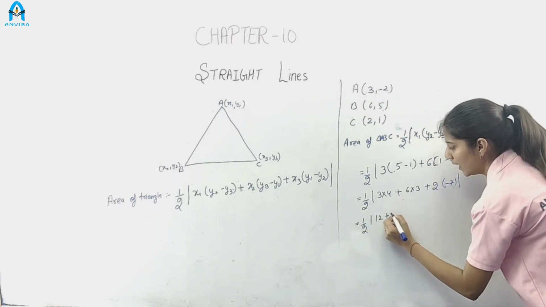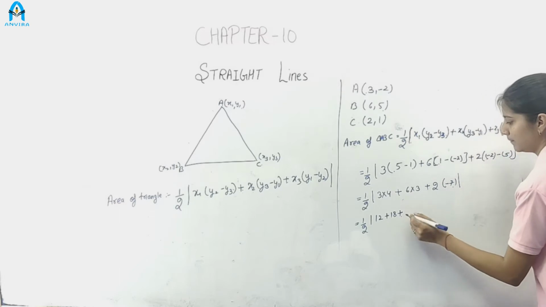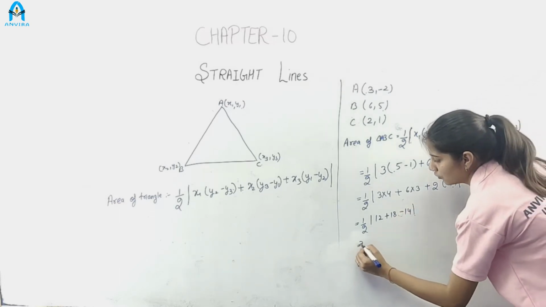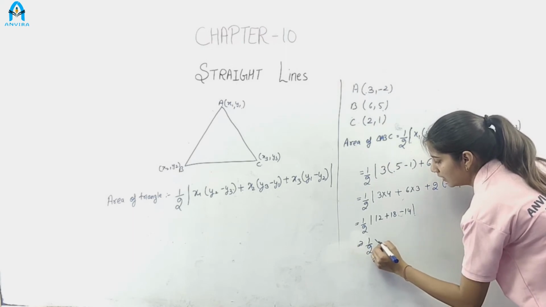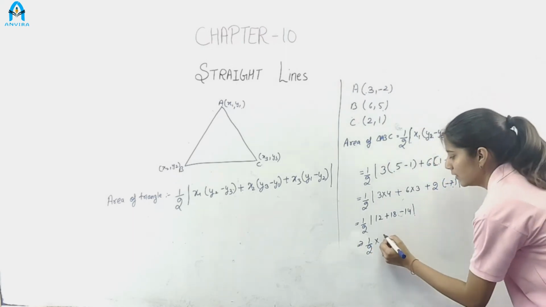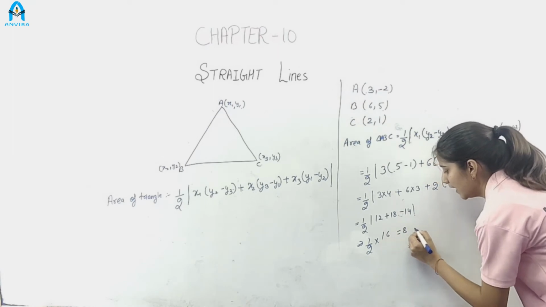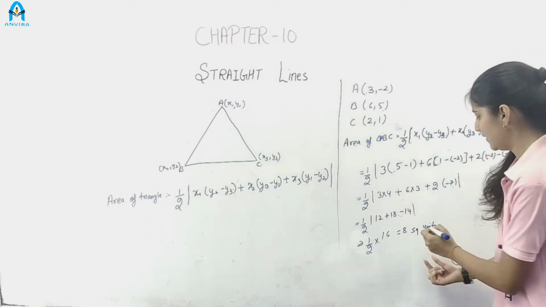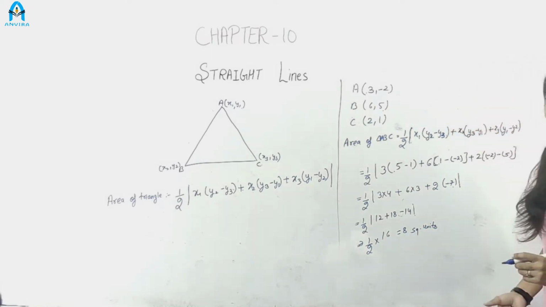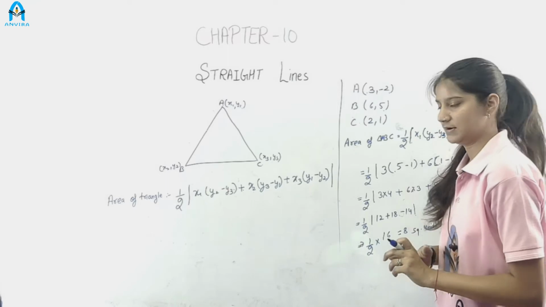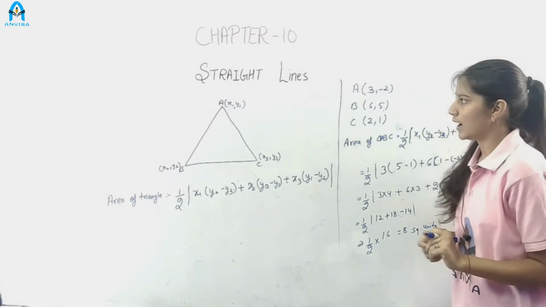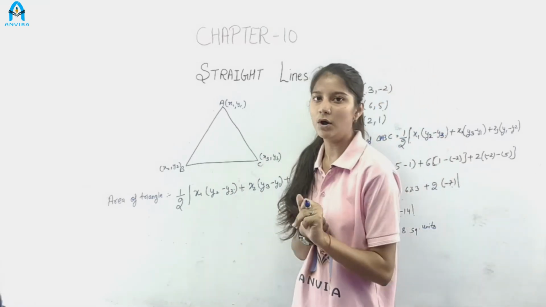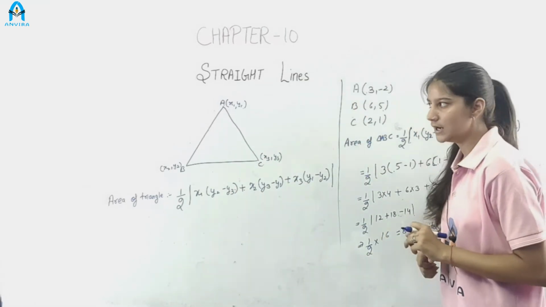We get 12 plus 18 minus 14. So what is our area of triangle? Half into 16, that is 8 square units. As we know, area is written in square units. Okay? So I know that you got it by recalling all the concepts we have studied earlier.